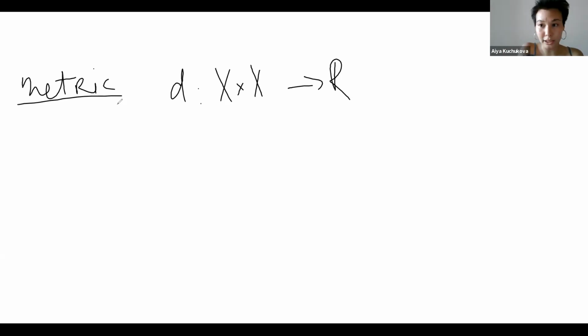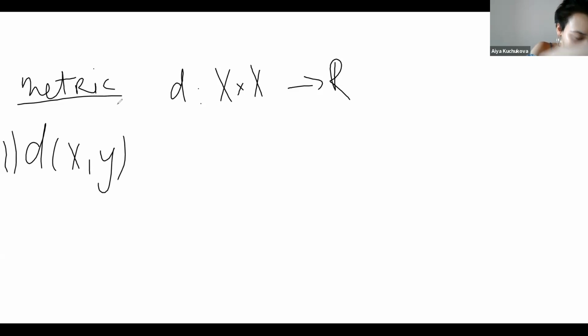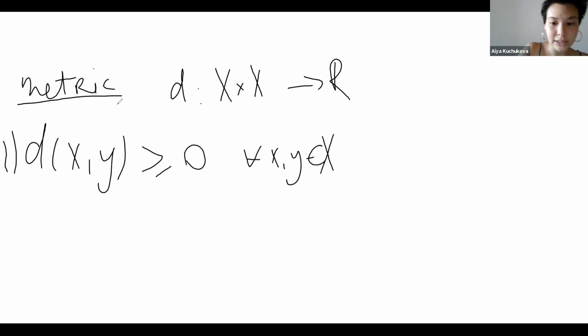And why is it X cross X? Because you'll see then that it looks like this. d(x,y), the first property, should be bigger or equal to 0 for all x, y in X, and the equality holds only if x equals y.